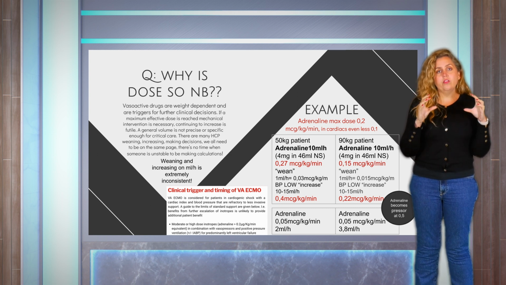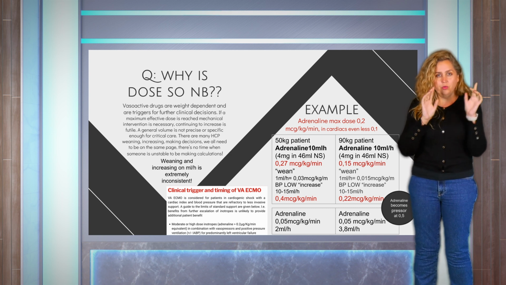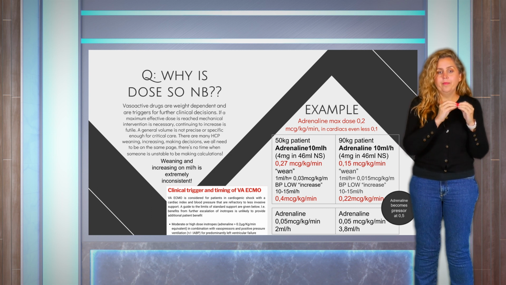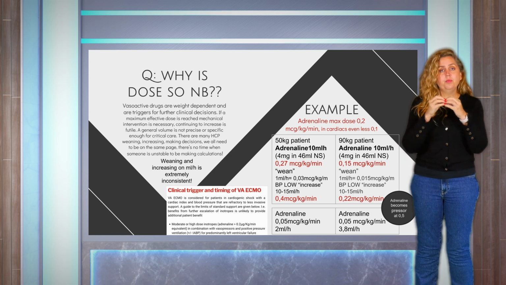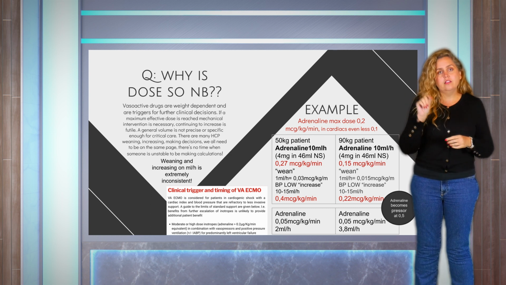So the screen will say, for example, 0.05 mics per kilo per minute, so you know where you are with the adrenaline, that you're still giving it as an inotrope, and that you're giving it at 2 mils per hour. That will still be available to you, so you can chart the fluid intake as well as 2 mils. It will give you both factors.